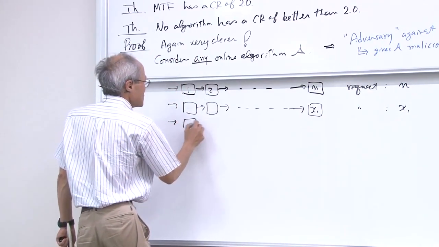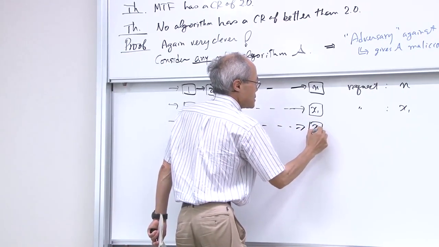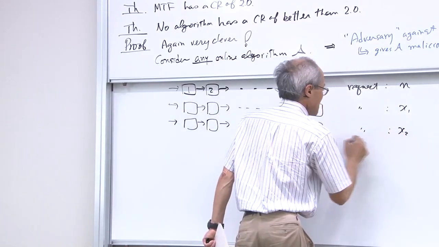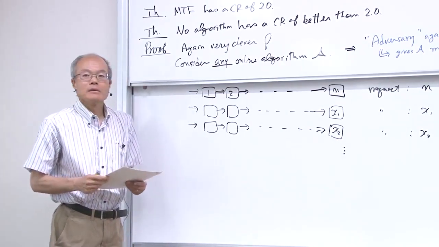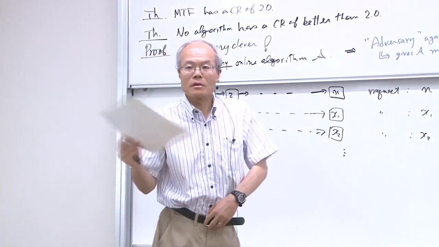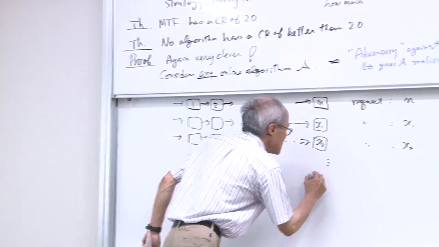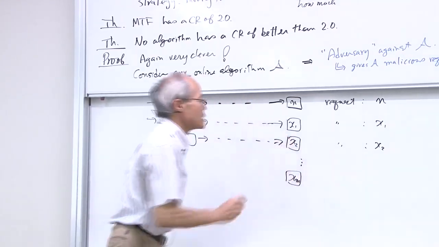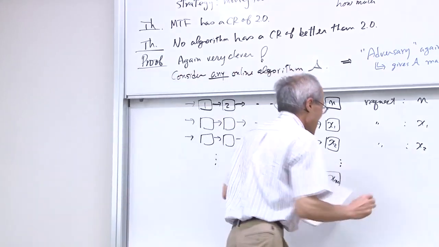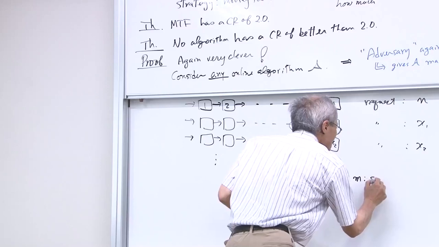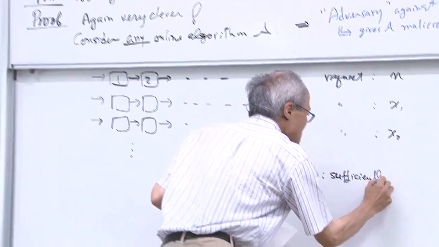So the adversary request is always the last item, the final item, up to xm. And we assume that m is sufficiently large.